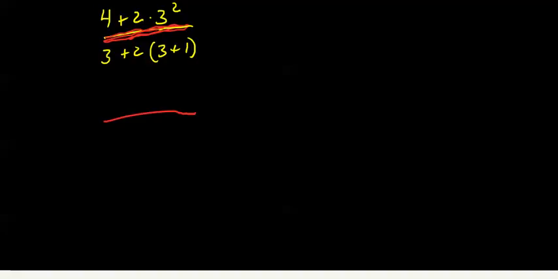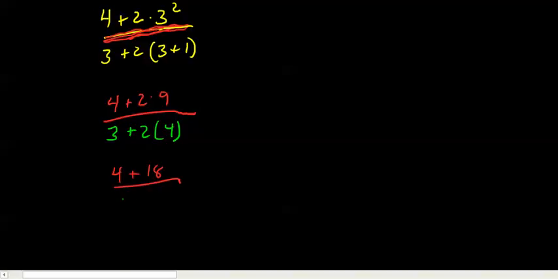So I'll do the top in red. 4 plus 2 times 9, exponents first. And then in the bottom, 3 plus 2 times 4, 3 plus 1. 2 times 9 is 18. 4 plus 18 over 3 plus 8.